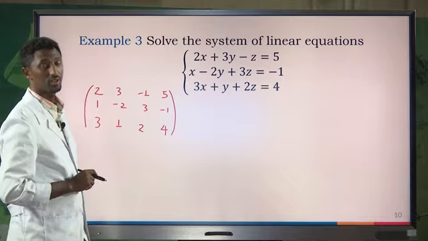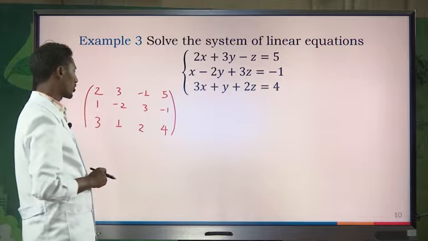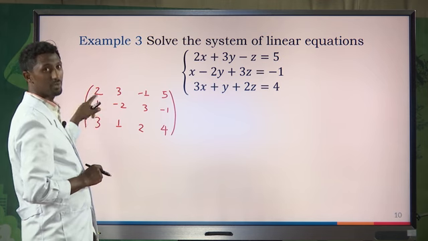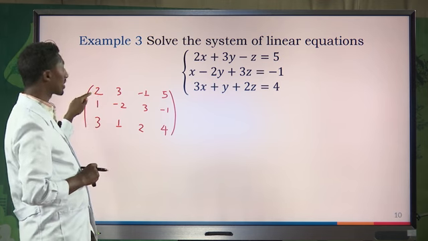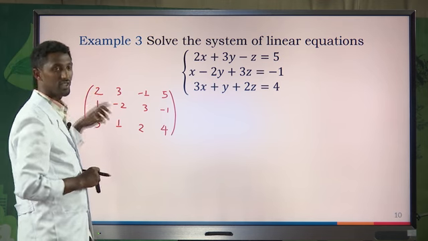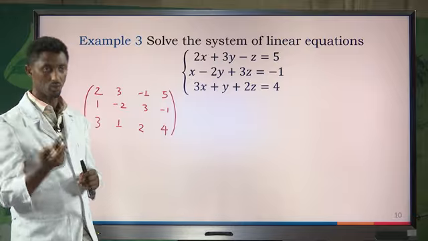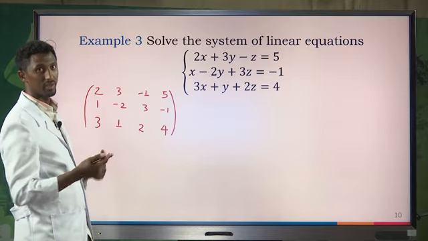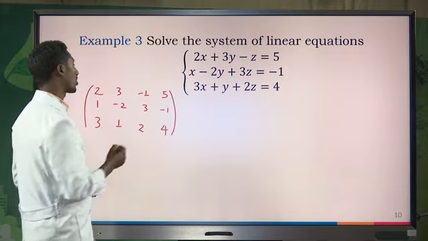Now look at this augmented matrix. To change into row echelon form, the first leading entry must be 1. So either we rescale, dividing the first row by 2, or it's better to swap, interchanging row 2 and row 1.